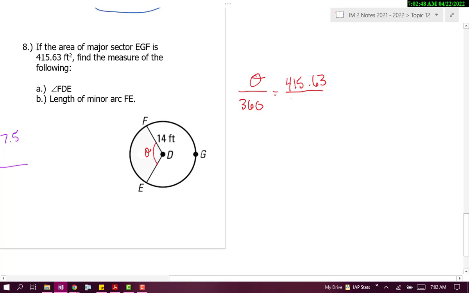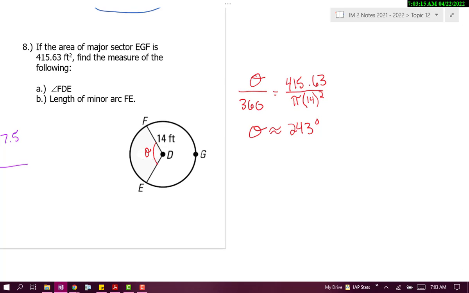We don't know that because, oh no, yes we do. It's pi r squared. So very similar setup to what we've been doing. We're just trying to solve for the angle this time. When we cross multiply and divide by 14 squared pi, theta turns out to be approximately 243 degrees.